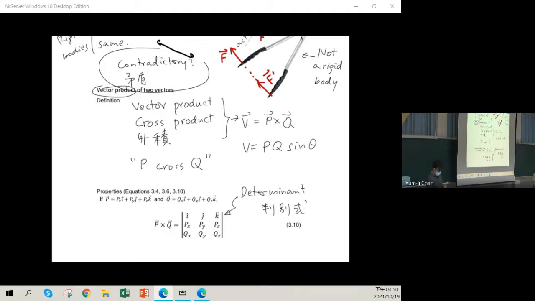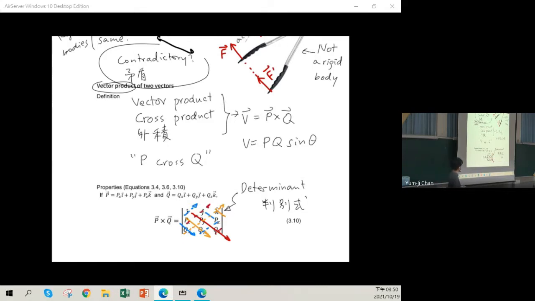So it is B. Wait, how should I write it? Something like this, and something like this.